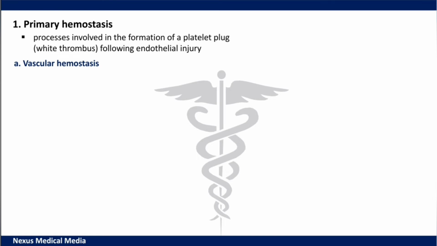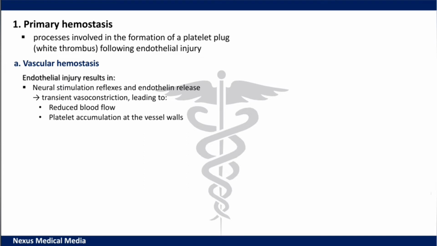Vascular hemostasis. Endothelial injury will result in neural stimulation reflexes and release of endothelin. This will lead to transient vasoconstriction, which will lead to reduced blood flow and platelet accumulation at the vessel walls, at the site of injury.